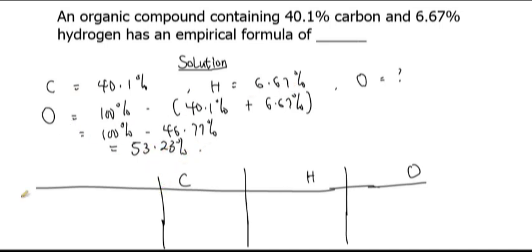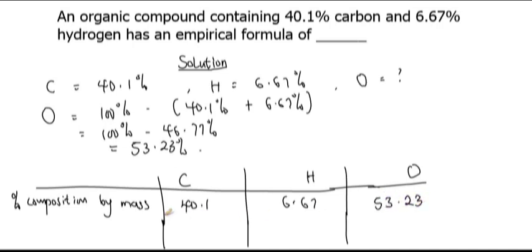So let's proceed. To avoid confusion, I will just put here percentage composition by mass. For carbon, I have that to be 40.1. For hydrogen, 6.67. For oxygen, 53.23. We can have our unit here also in grams.